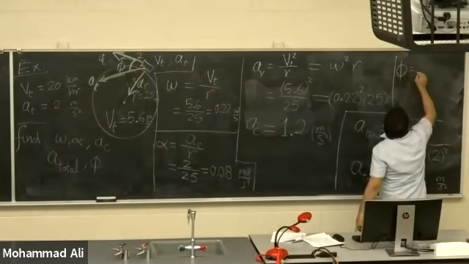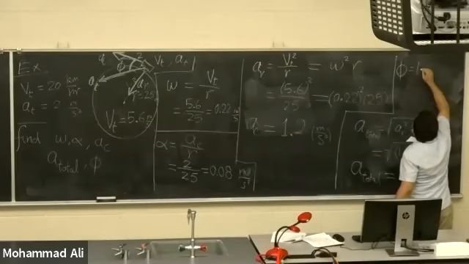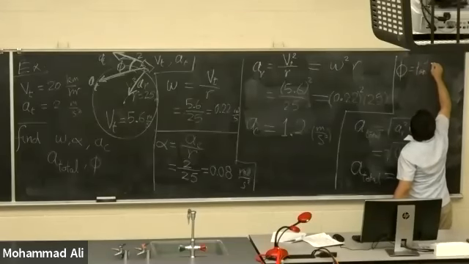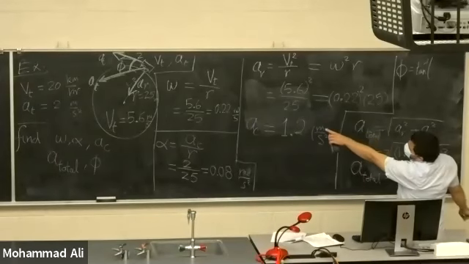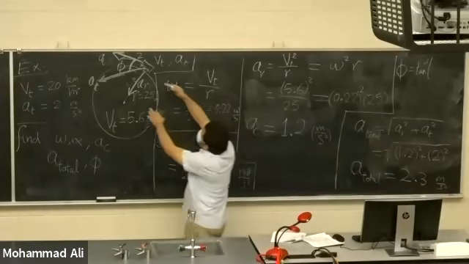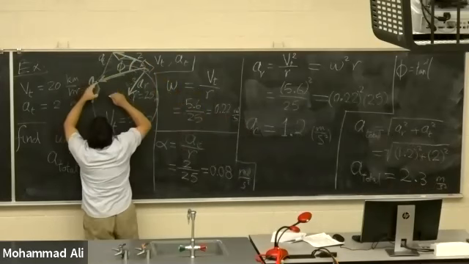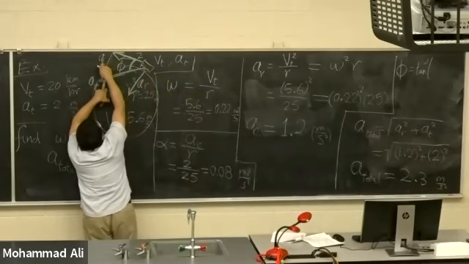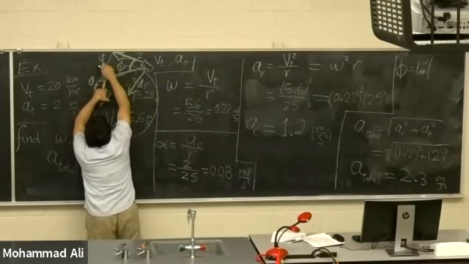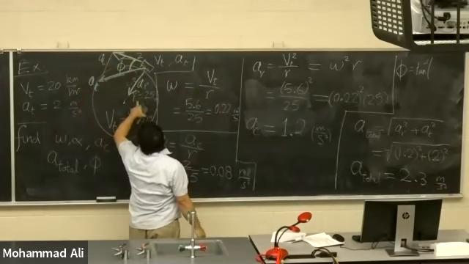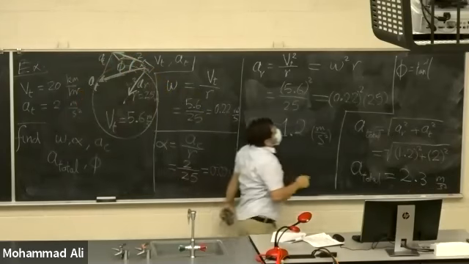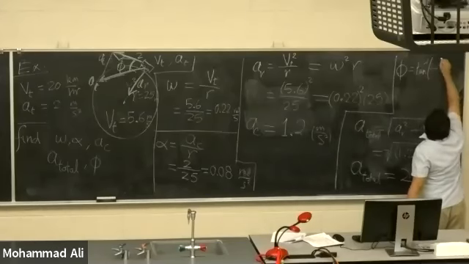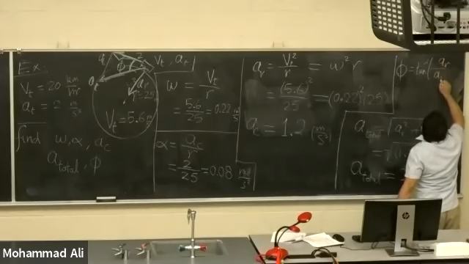How much is phi? Simply phi is equal to arctan, or tan inverse, of the opposite over the adjacent. The opposite is AR, I'm sorry, this is the opposite, AR over A tangential.